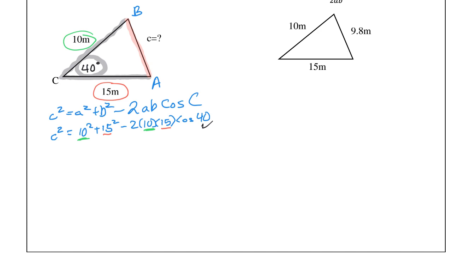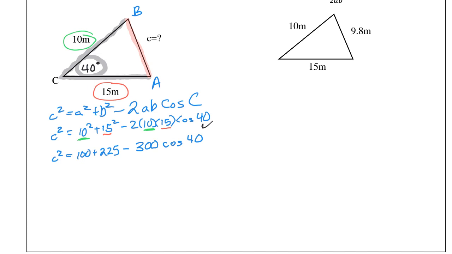So now let's go and do the solution. We have c squared equals 10 squared, which is 100, plus 15 squared, which is 225, minus 2 times 10 times 15, which gives us 300, and then we'll just leave cosine of 40.